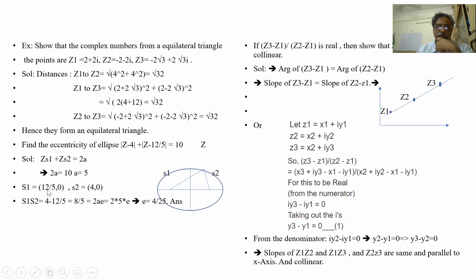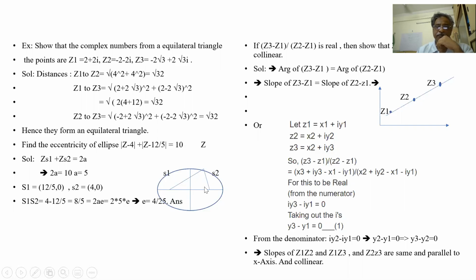Now we got s1 as 12 by 5, 0 and s2 as 4, 0. Both are on the x-axis, and the ellipse is centered at this point. So what is the distance between s1 and s2? This is the distance between these 2 points. So 4 minus 12 by 5, that is the distance, on the x-axis only, y is 0. So 8 by 5. So s1 s2 is nothing but 2ae.